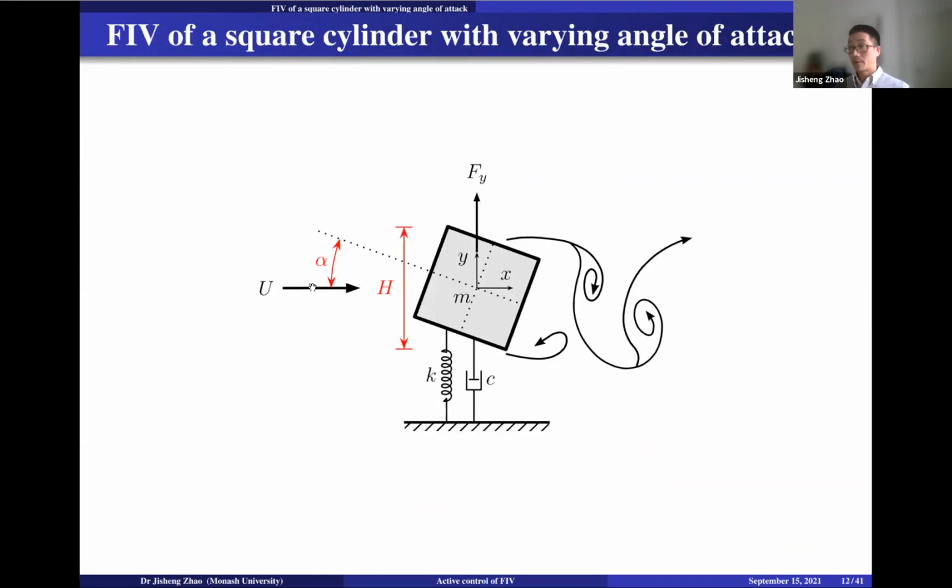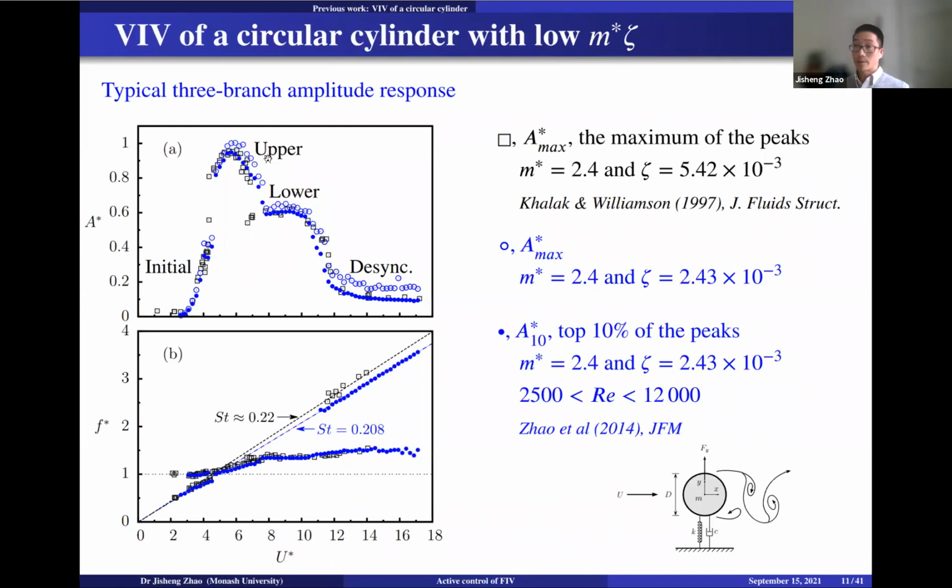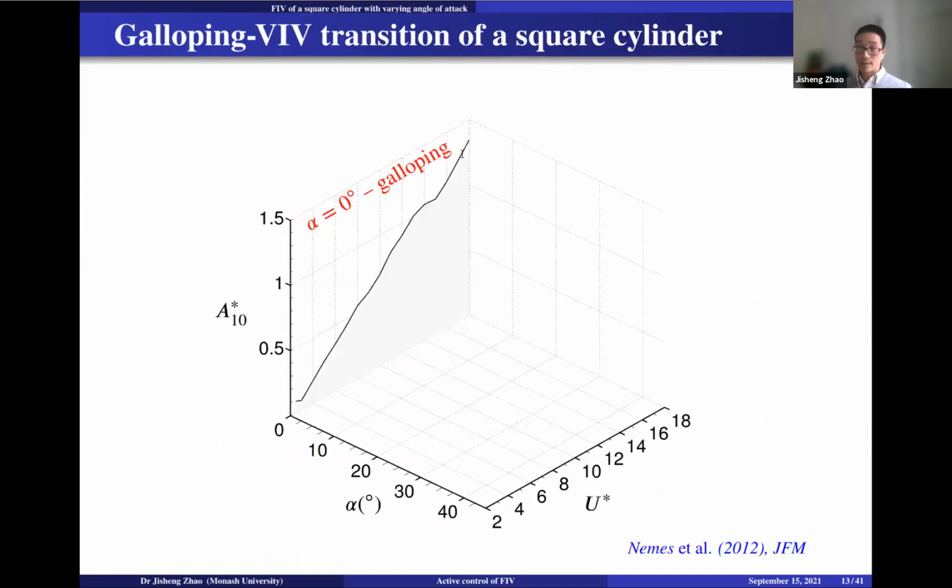But if we come back here, for the circular cylinder it is a VIV. VIV is self-limited, so typically the amplitude is of the order of 1 diameter. But for galloping, it can go to much larger amplitudes with increasing U star. But due to the limited capacity of the rig, we couldn't go further.